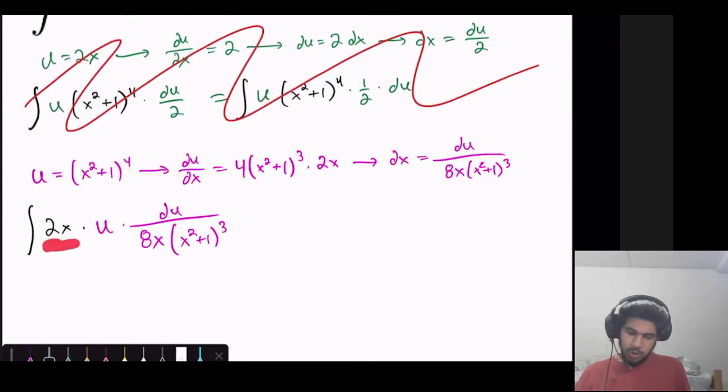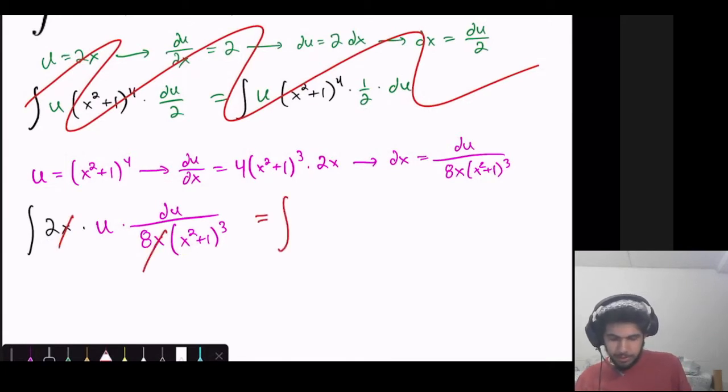And you're like, okay, 2x and 8x, that's a cancellation right there. So this x term and that x term cancel. We're left with the integral of, well, this is going to be a 2 over 8, so that's 1/4. I'll bring that 1/4 out front. Then we get u times du over x squared plus 1 cubed.